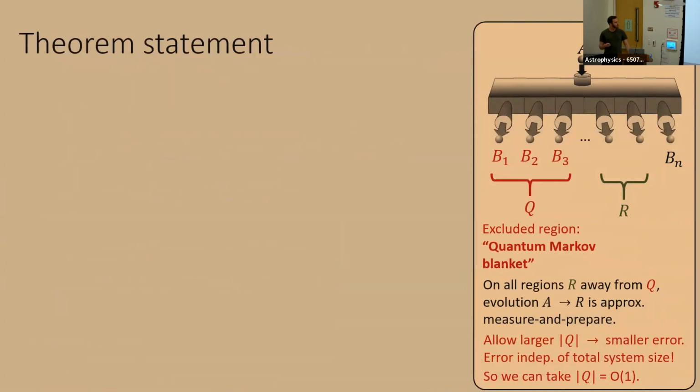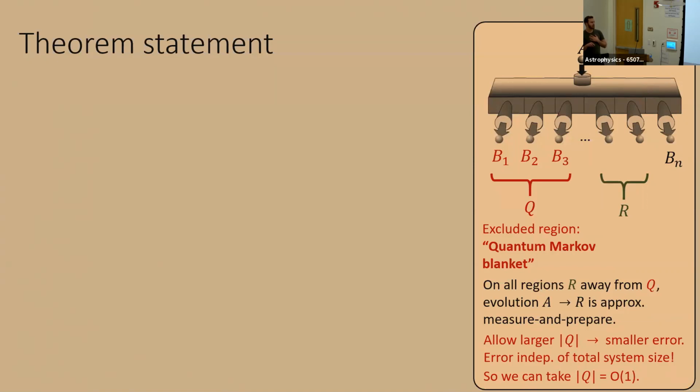Okay, so let me just draw a picture of what this general result is. Again, we have our A, we couple it to all these B, and then we look at just these output systems B. So maybe think of the spin chain example again. We're looking at subsystems of the spin chain environment when we couple a qubit to the spin chain.